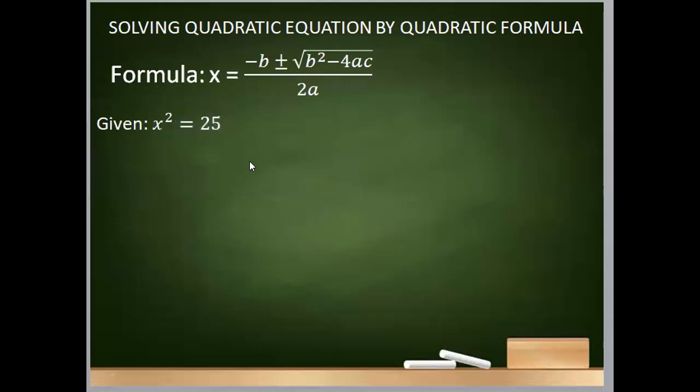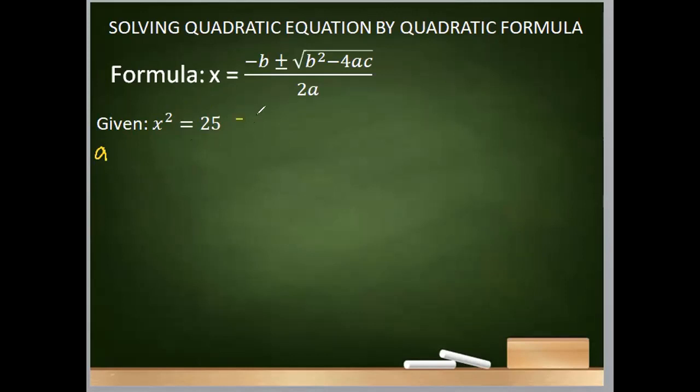Okay, for example, we have x squared is equal to 25. The first step we need to do is to identify or to determine the value of a, b, and c. If we have a given equation like this, we need to simplify the equation first. Equate it always to 0, or we need to simplify it to our standard form.